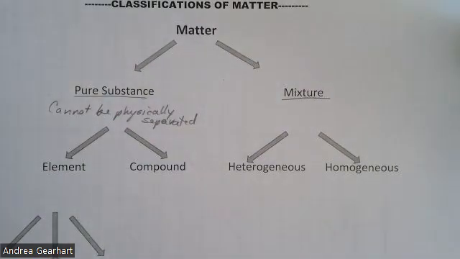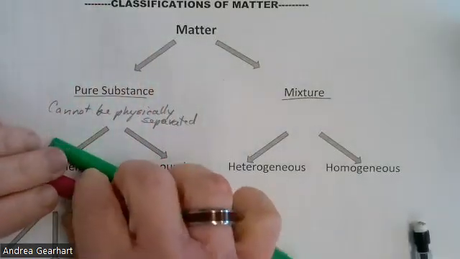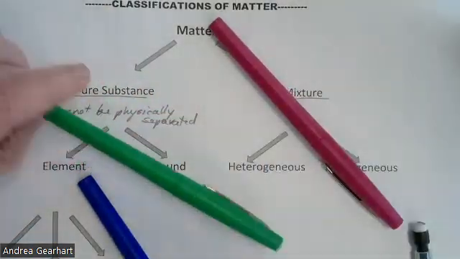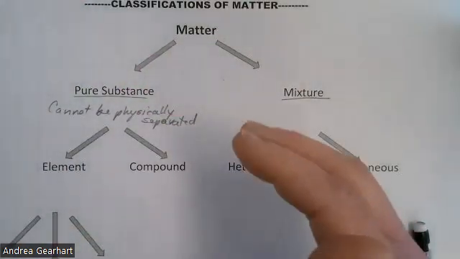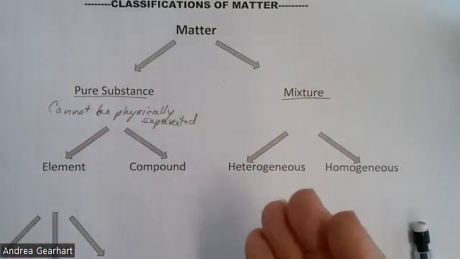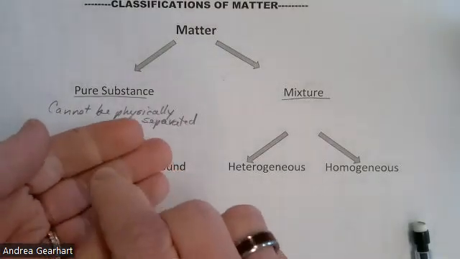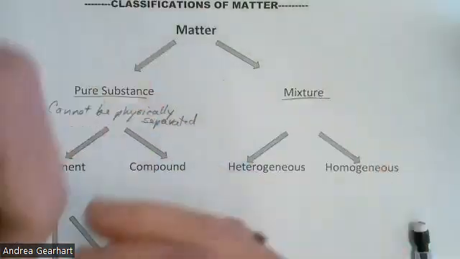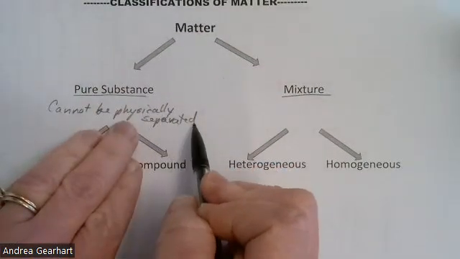For example, I can physically separate my pile of markers. I could pour sand and water through a filter and catch the sand. We could take Kool-Aid and evaporate away the water and retain the sugar, dye, and flavoring. Those are all physical means.